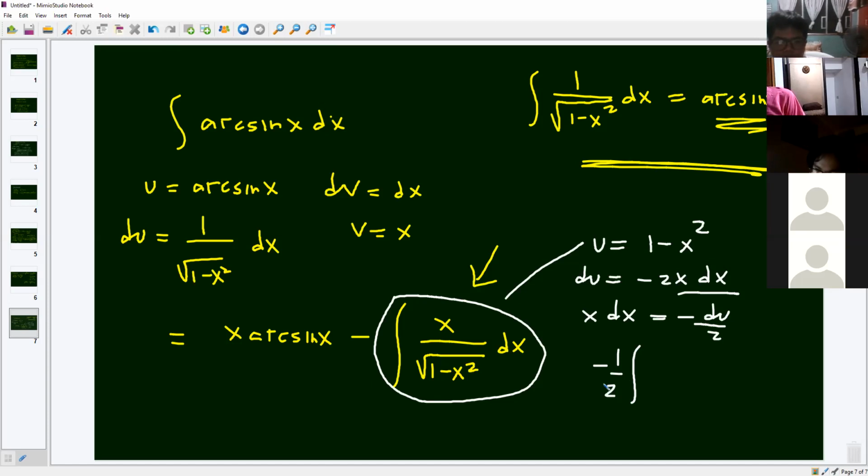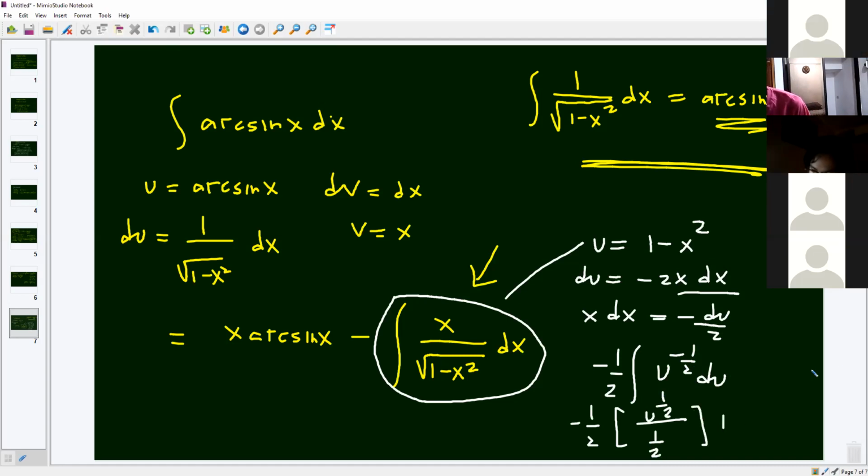So basically, the given integral will just become negative 1/2 outside, 1 over square root of u, and that's u to the negative 1/2 du, which is integrable by the simplest of the forms, the power rule. I'll add 1 sa power, kaya magiging u to the 1/2, I'll divide by 1/2, and then plus c. Pero you know, this cancels out, kaya magiging negative u to the 1/2. See that minus?